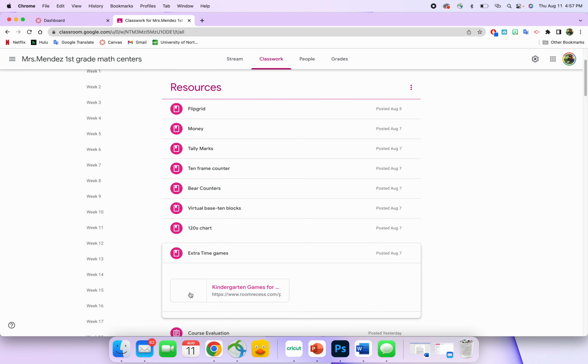And then we also have extra time games for those early finishers, those higher leveled kids, to still continue to work on that designated skill.